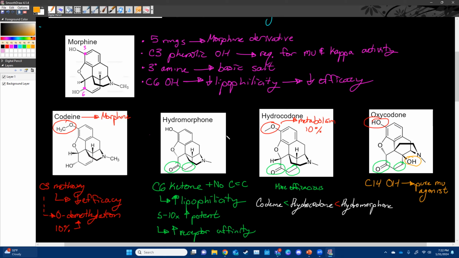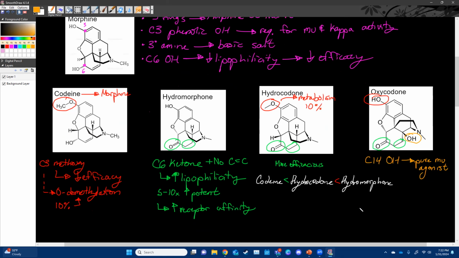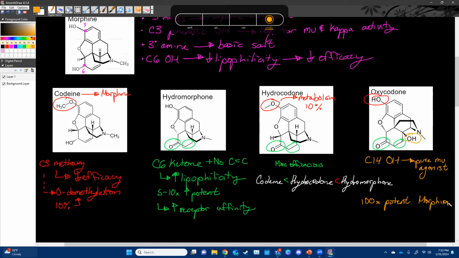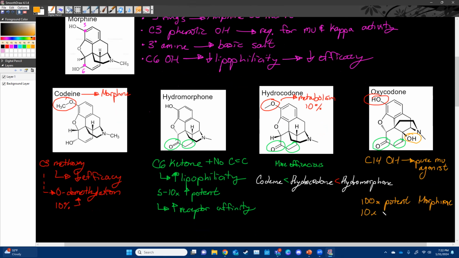I believe, no, I think hydromorphone is, no, I'm wrong. Oxycodone is 100 times more potent or efficacious than morphine, and it's 10 times as potent as hydromorphone.